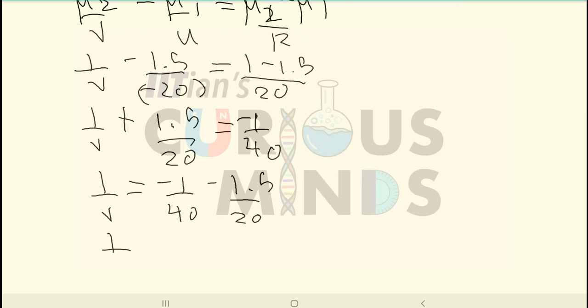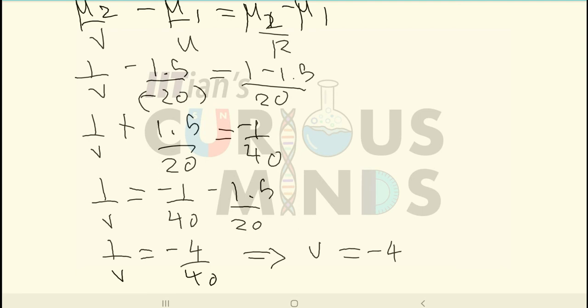I will multiply this by 2: minus 1 minus 3 will be equal to minus 4 by 40, that is v will be equal to negative 40 by 4, which is equal to negative 10.